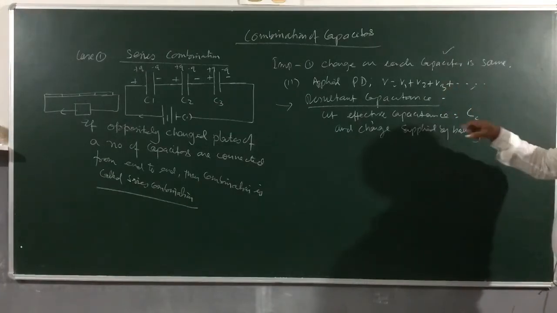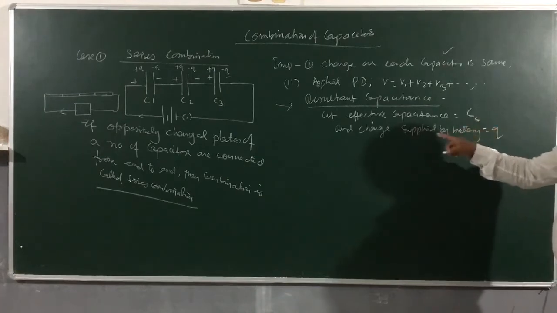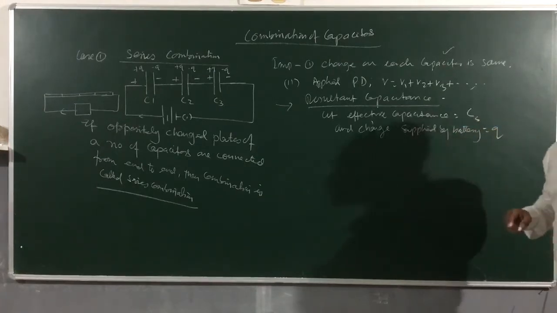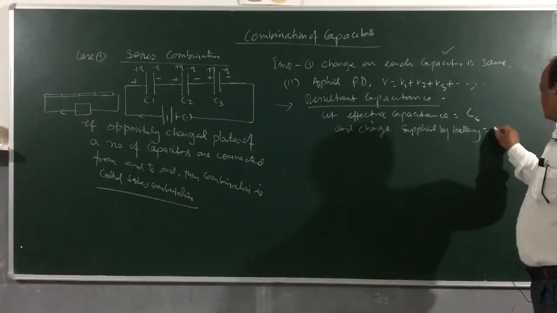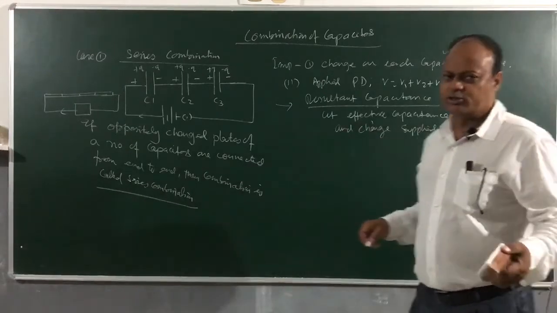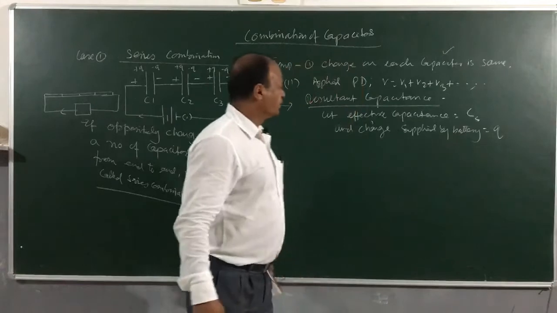One is let the effective capacitance be CS and the charge supplied by the battery be Q. You can use capital Q, you can use small q also. I've used small q, so let's use small q. There is no restriction.